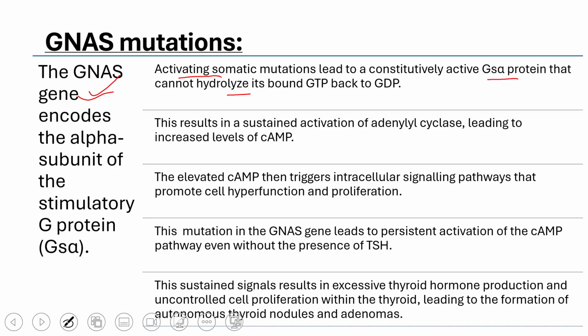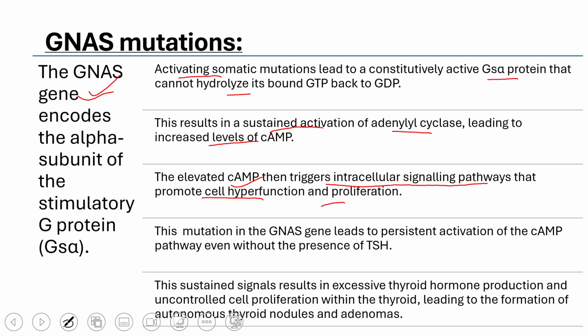So this results in sustained activation of adenylyl cyclase, leading to increased levels of cAMP. And this elevated cAMP then triggers the intracellular signaling pathway to promote cell hyperfunction and proliferation.